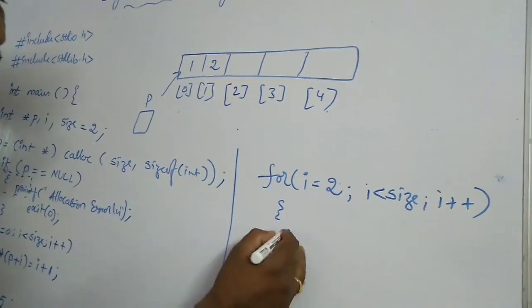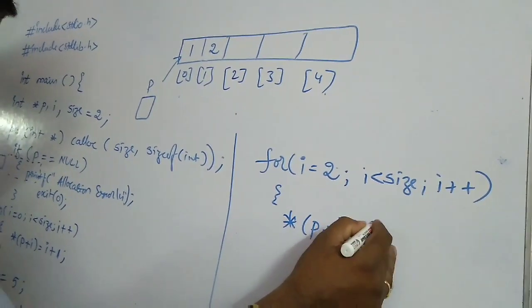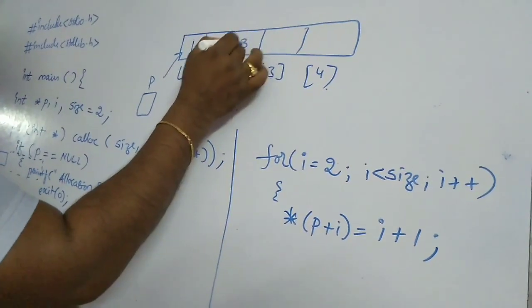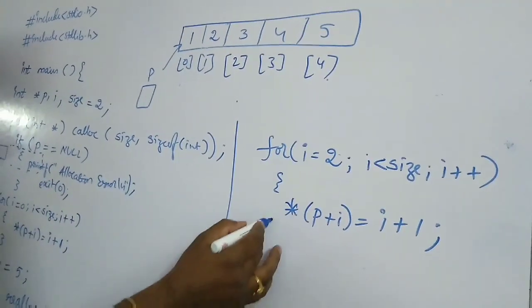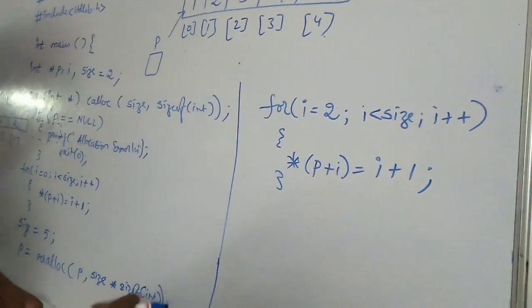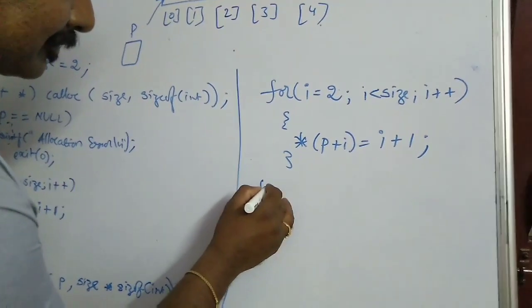Now the same technique is used, that is star of p plus i will be i plus 1. That means values 3, 4, 5 will be stored here, and to see whether I am getting all my values or not, I will print all the elements.